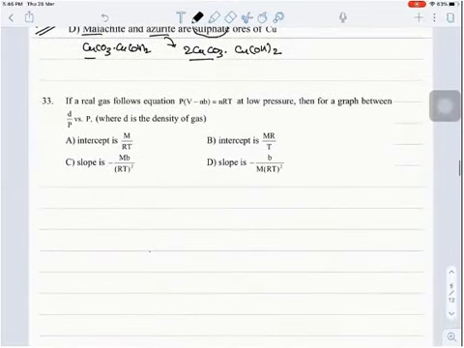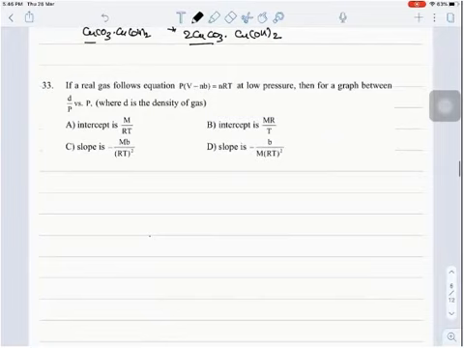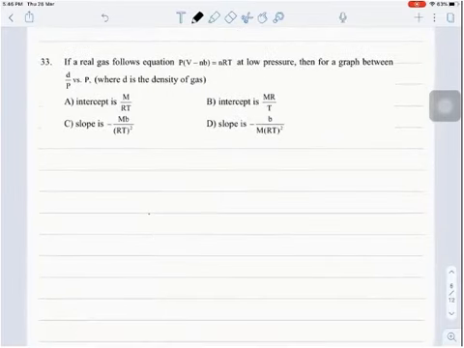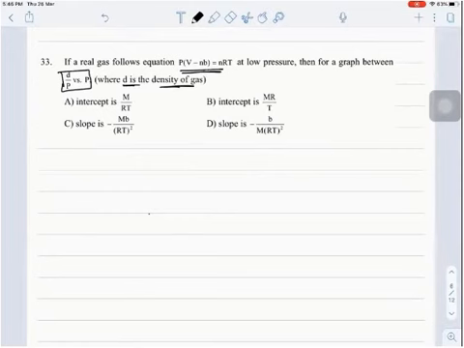Next, question number 33. In this question, there is an equation given: P(V − nB) = nRT. Here, we should plot a graph between d/P versus P, where d is the density of the gas. So P(V − nB) = nRT.